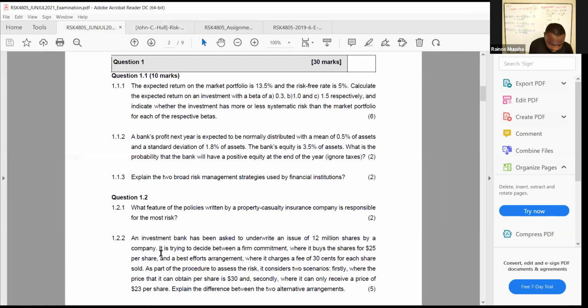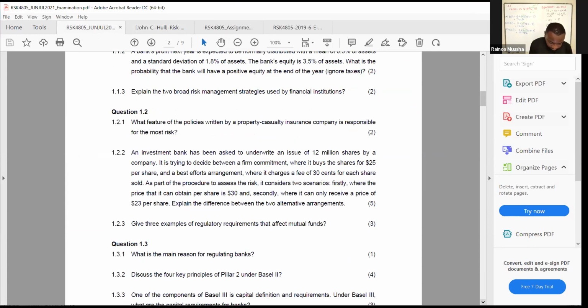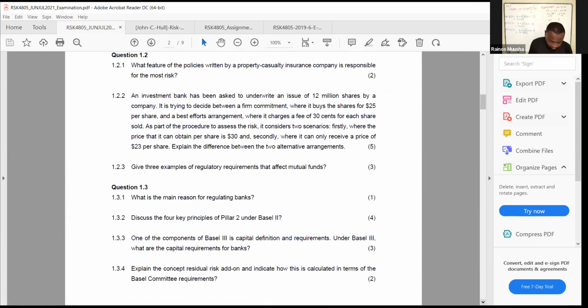Moving on to question 1.2.2, they give us that information. They give us two scenarios.